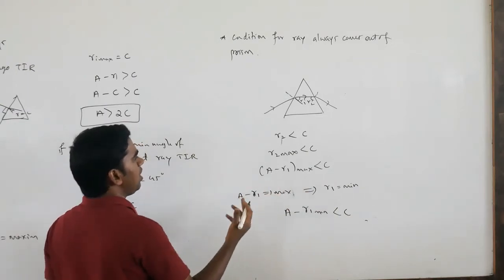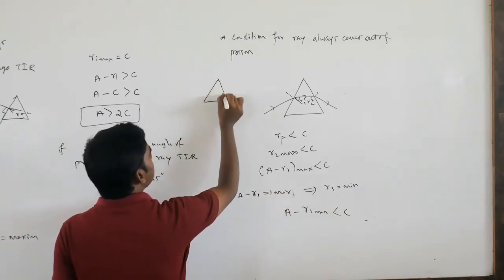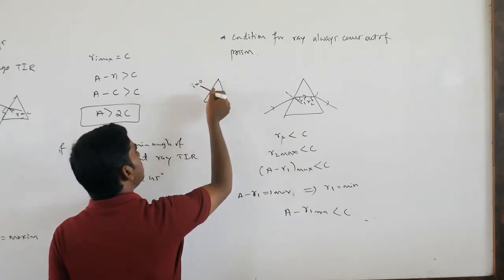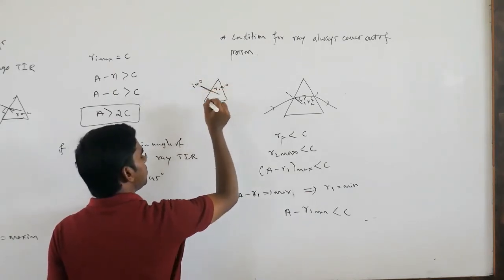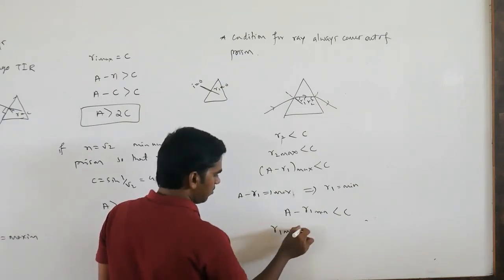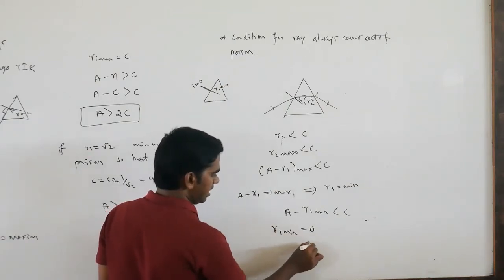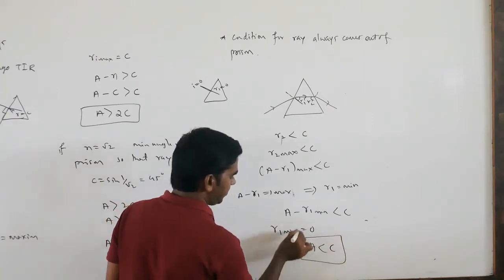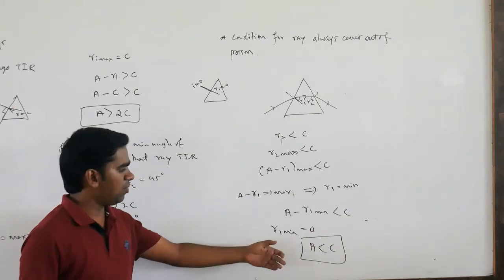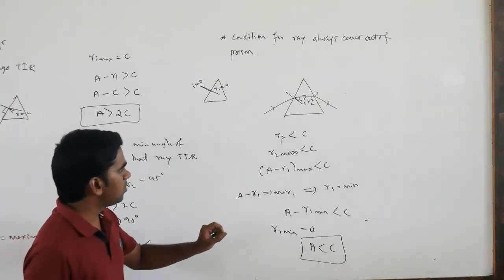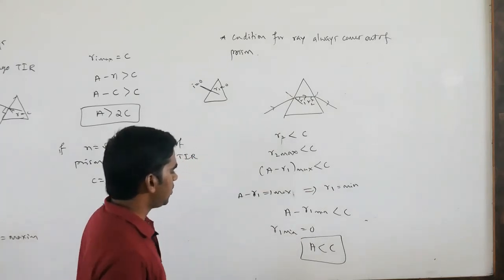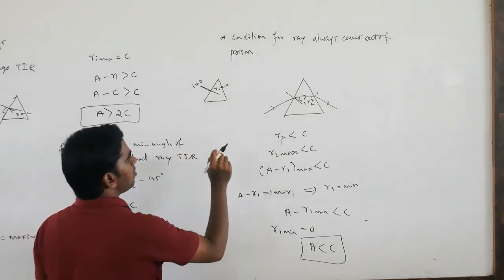What is the minimum value of R1? Minimum value of R is 0. If I is 0, R1 is also 0. So the minimum value of R1 equals 0. That means A should be less than C. So this is the condition when ray will always come outside, not undergoing total internal reflection, irrespective of angle of incident.